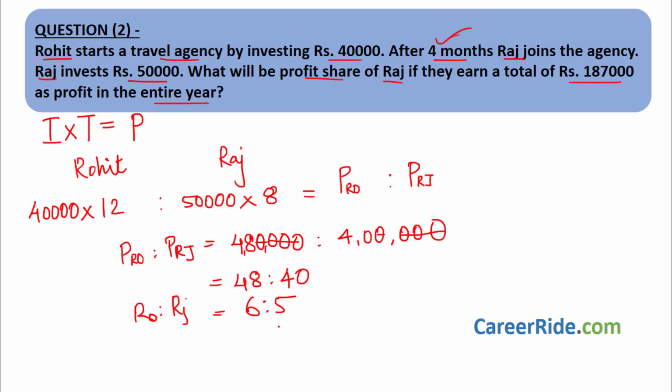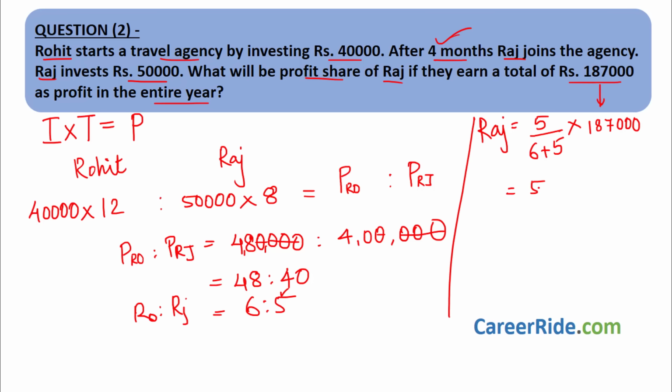Now we want to find out the share of Raj. Raj's share can be given by the ratio of Raj, which here is 5. So we will have 5 upon 6 plus 5 multiplied by the total profit, 1,87,000, which they get after an entire year.